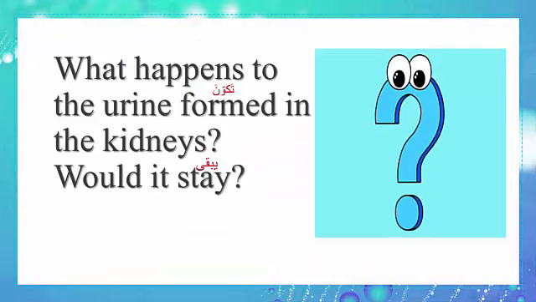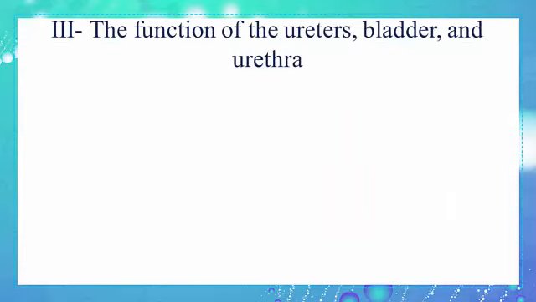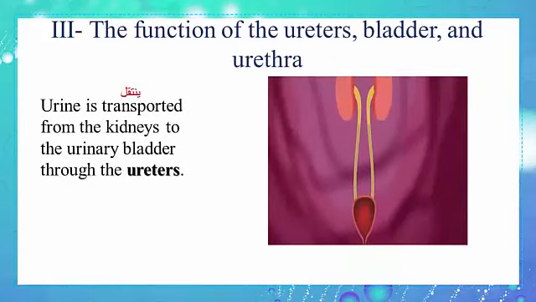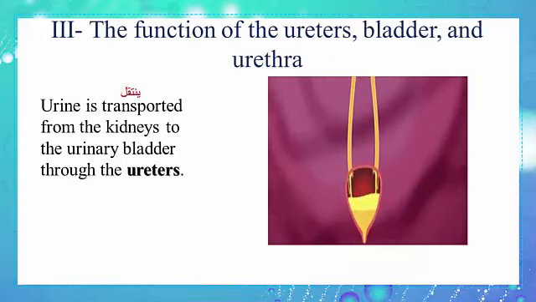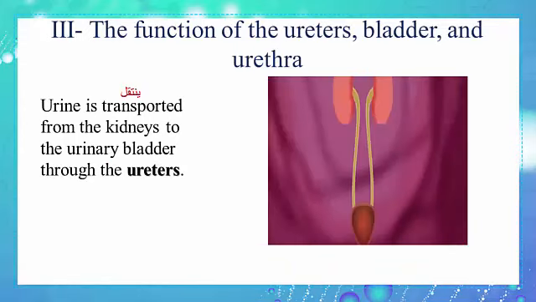What happens to the urine formed in the kidneys? Would it stay? Of course, no. So let us see what is the function of each of the ureters, bladder, and the urethra. Starting by the ureters, the urine is transported from the kidneys to the urinary bladder through the ureters.